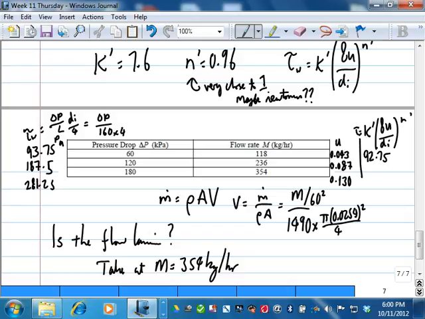Second one? 182.4. Third one? 286.7. Less than 5% difference. Okay, it's a good experiment.